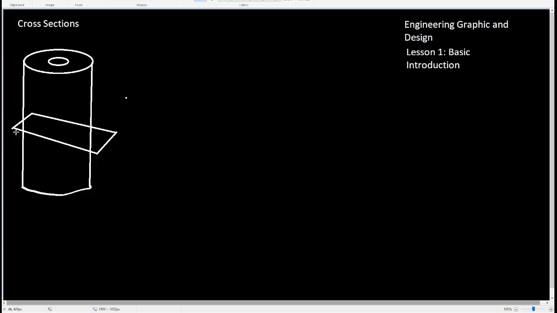So now that we're cutting perpendicularly through the shape, how is this going to look? Well, as you can see from the front of the shape, you can clearly see that it's a circle. So the cross section here will just be a circle with a hole in the middle. That's it. That's the cross section if you're cutting it perpendicularly.